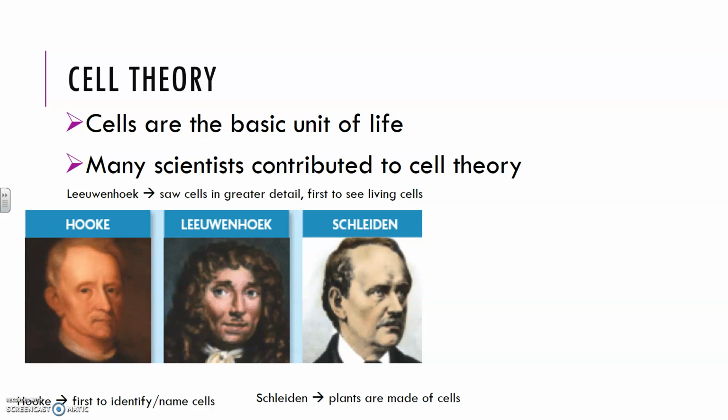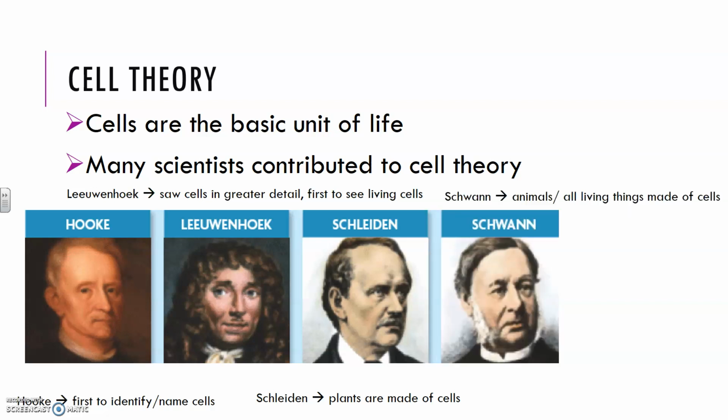And then a guy with another somewhat similar sounding name came along and did it with animal cells. So his name is Schwann, and I always remember that he discovered animal cells because his name sounds like swan, which, bird, animal.